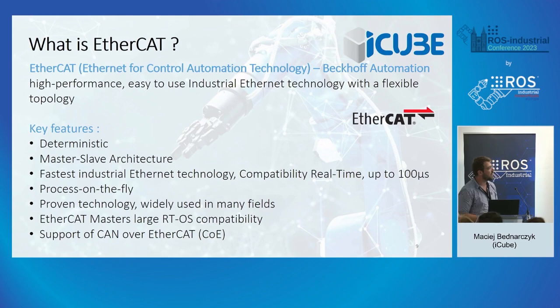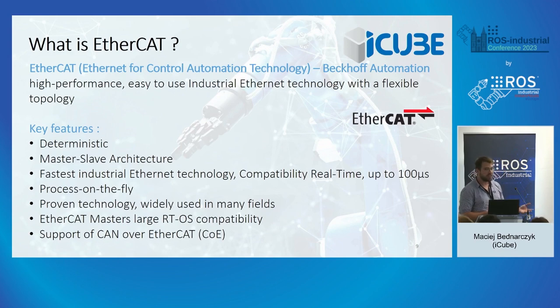There are many different types of Fieldbuses that we can use, but the one that we really work with a lot is the EtherCAT Fieldbus from Beckhoff Automation, because it is a high-performance system that is easy to use, very widely used, especially in Europe in industrial products, and has a very flexible topology.